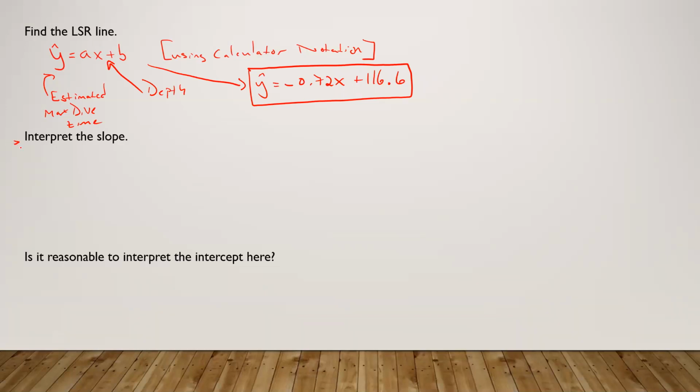Now let's interpret the slope, okay? My slope here is this negative value. So just real quick, if you remember right before the break, can you always interpret a slope for a regression line? Do you always interpret the slope? Okay, the answer is yes.